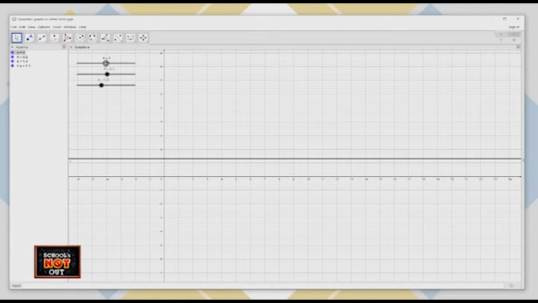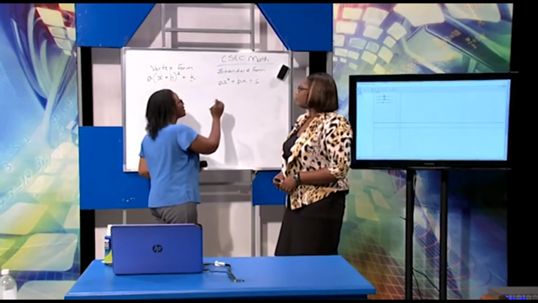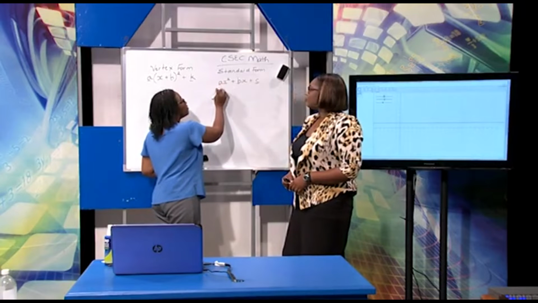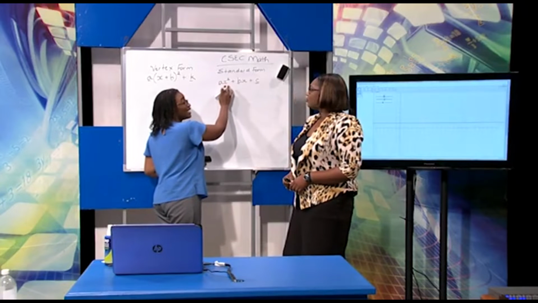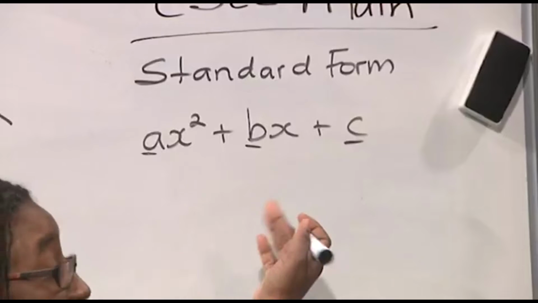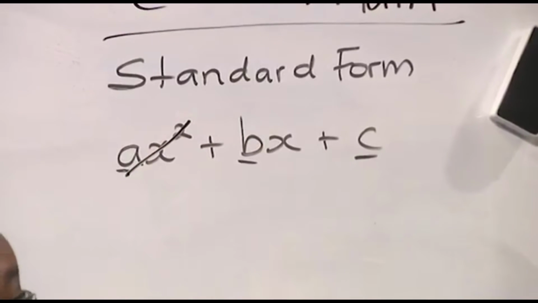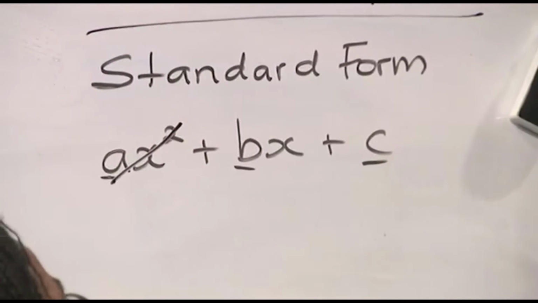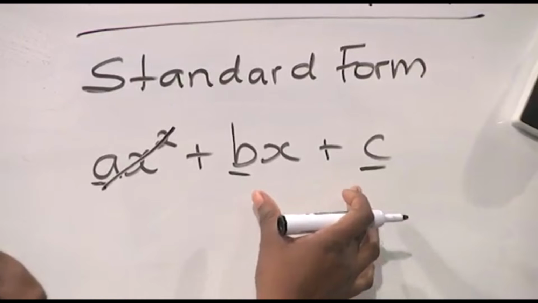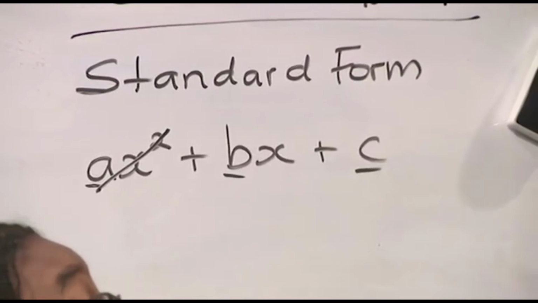And so I want our students to understand that with our quadratic function, our A value cannot be 0, because if I could go back to the board, if A becomes 0, then 0 times anything will give us 0, and so we would no longer have that x squared term, and we would basically be looking at something similar to our line.